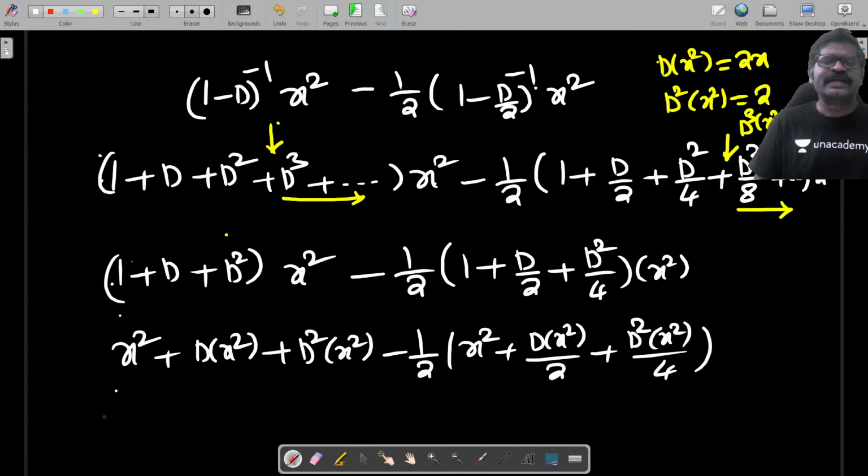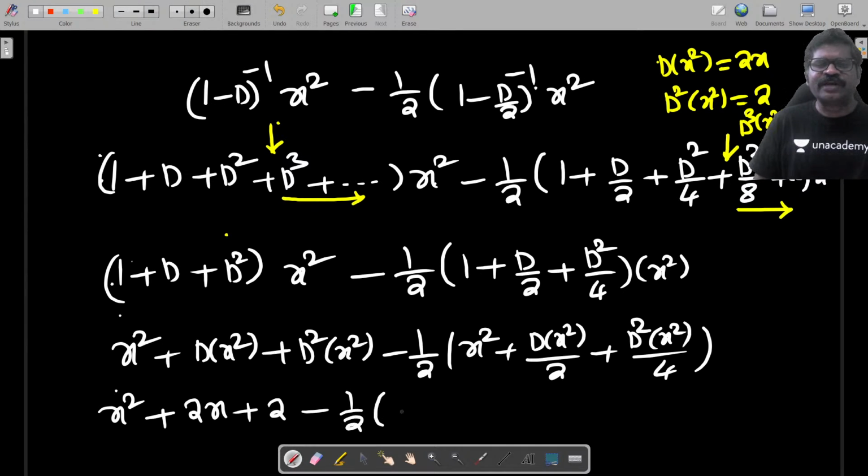Continuation. x square, differentiation of x square is 2x, D square of x square is 2, minus 1 by 2 of x square, 2x by 2, 2 by 4.